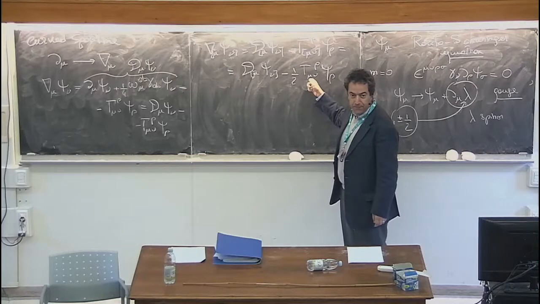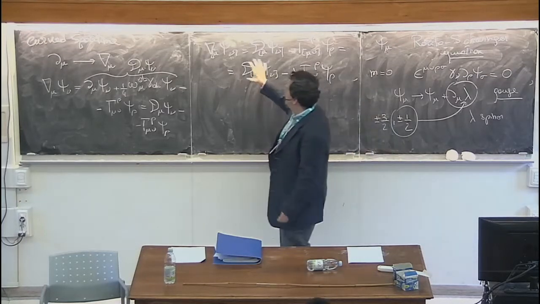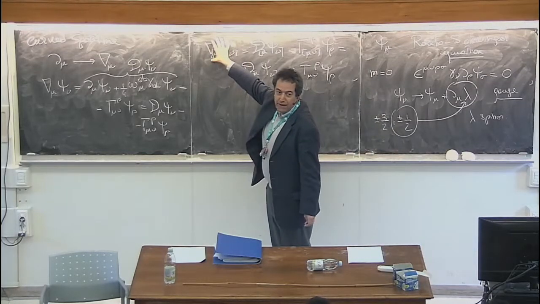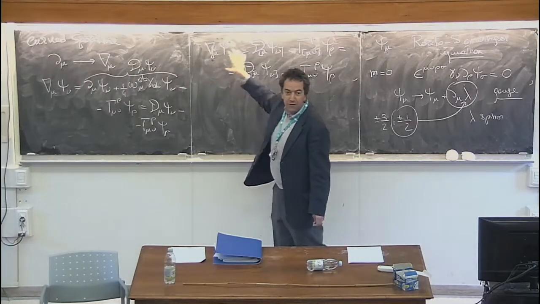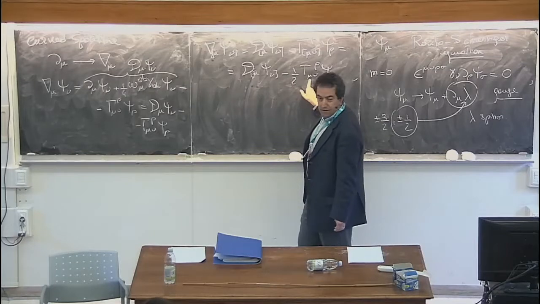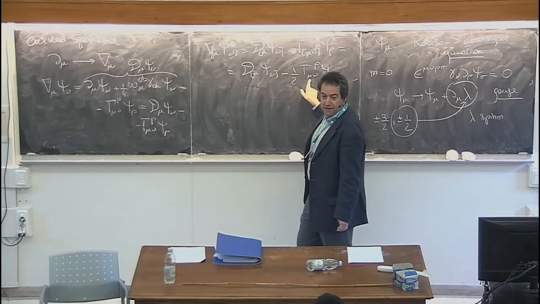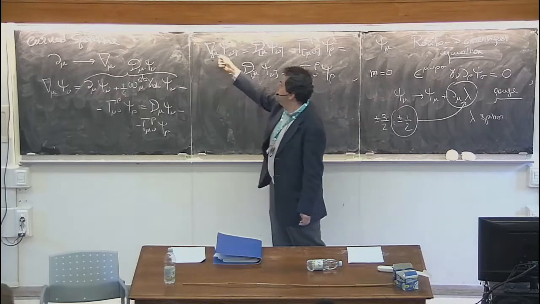So this quantity is covariant as well as this one. Both quantities are covariant because they differ from one another by a tensor.